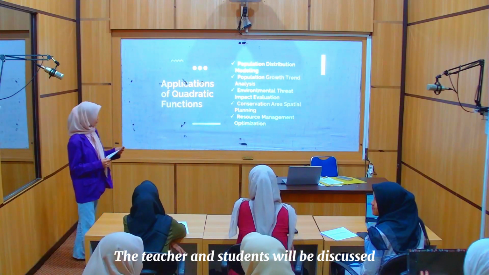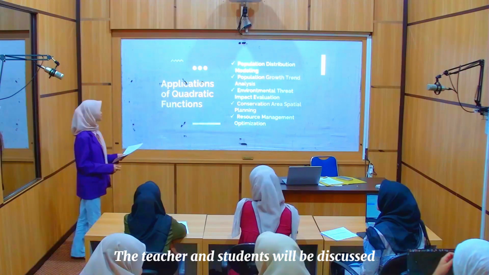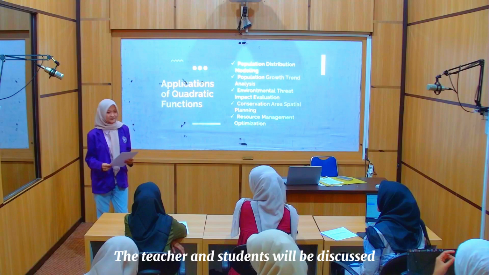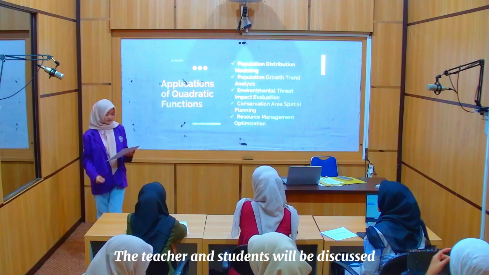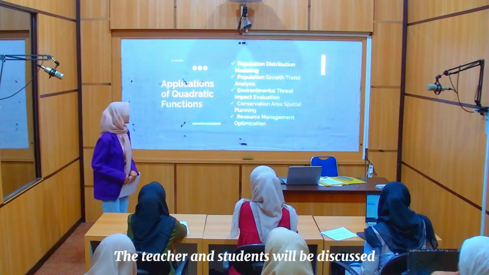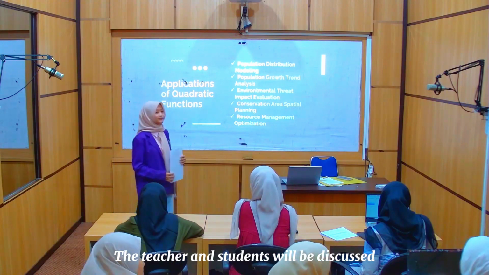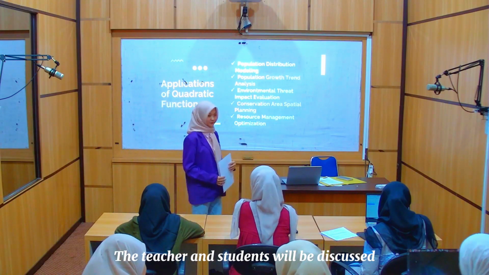Okay, thank you, good. And third, environmental threat impact evaluation. How about your opinion, Lily? My opinion, we can model the impact of environmental threats on a population. Okay, good, thank you. And for conservation area spatial planning, what do you think, Nabila?